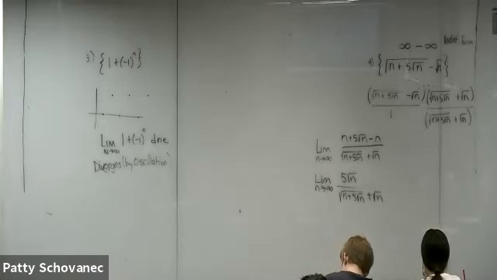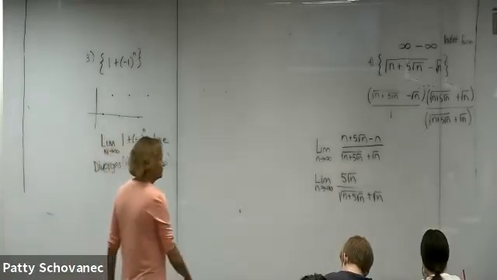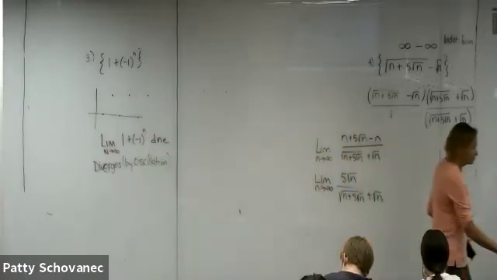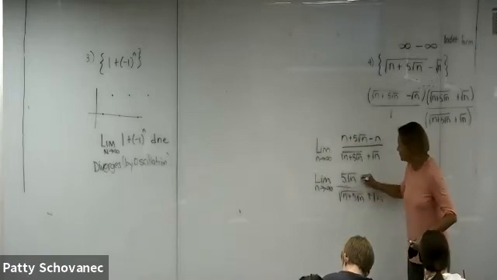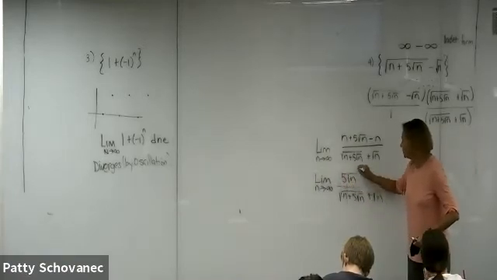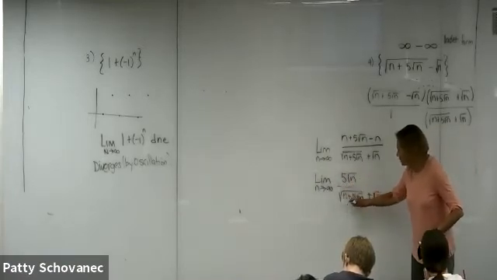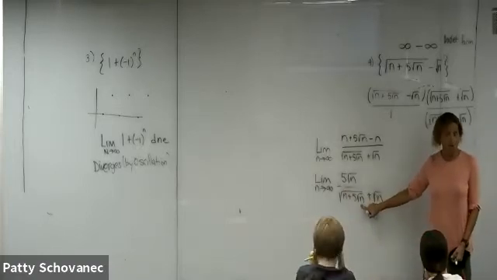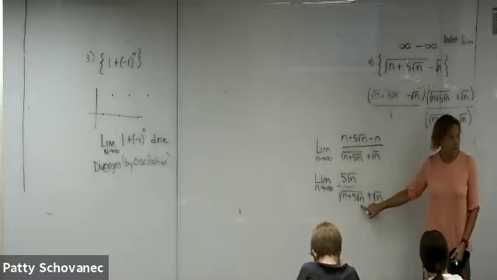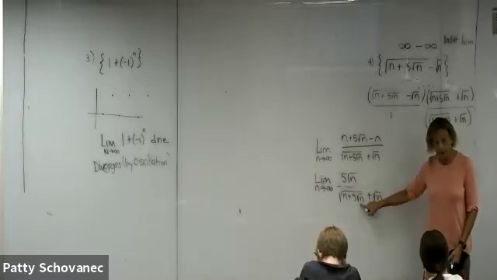And where are they? There's a square root of n. There's a square root of n. That one behaves like the 4th root of n, square root of n to the square root, right? So that's a smaller power.